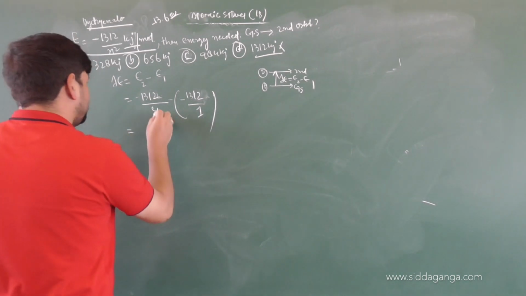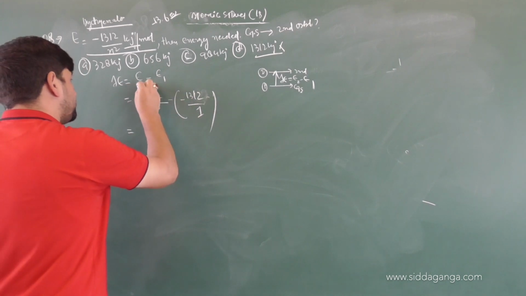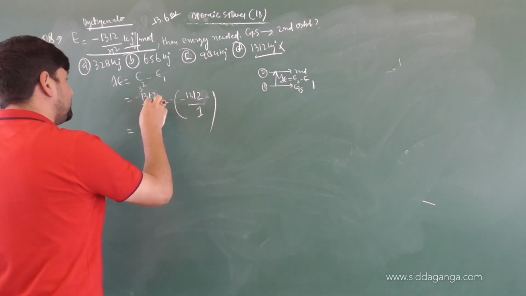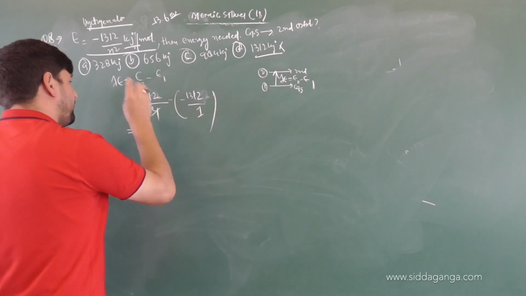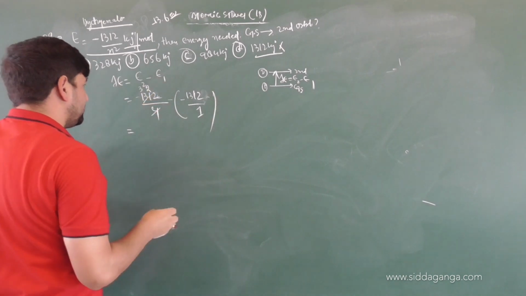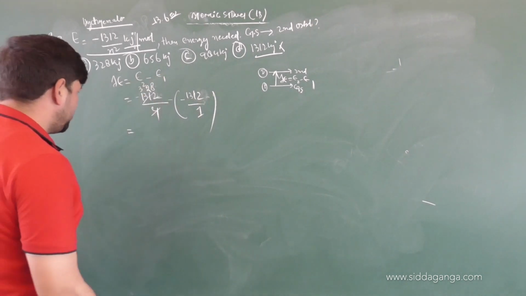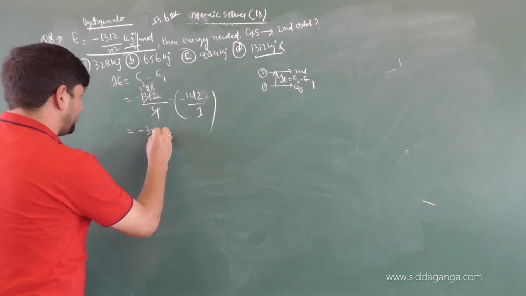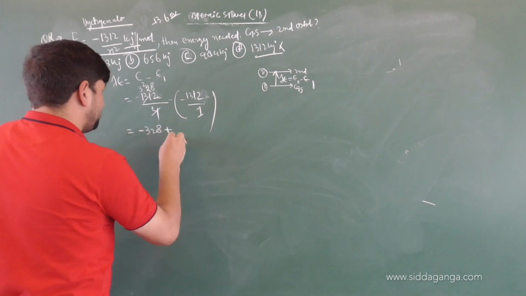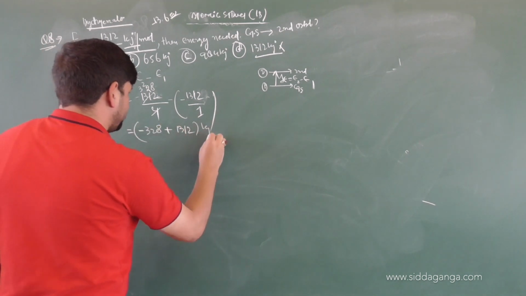So you will get here, 4 3s are 12. Right or not? It will be 4 3s are 12. It will be 4 8s are 32. So you got minus 328 minus of minus 1312 kilojoules.